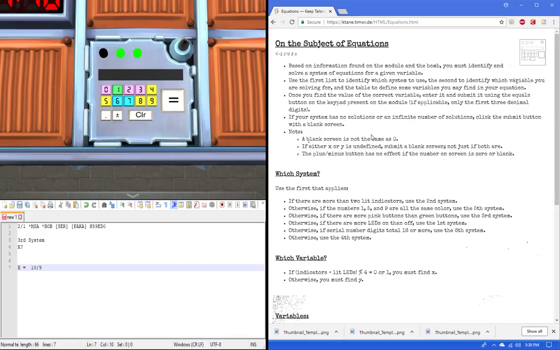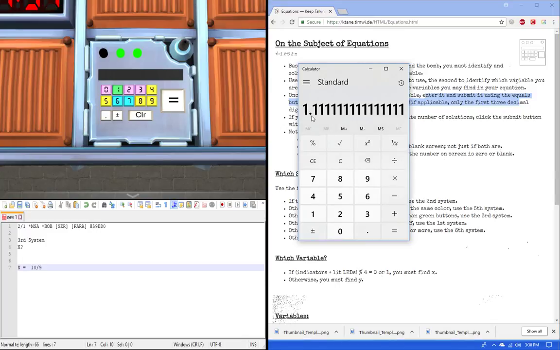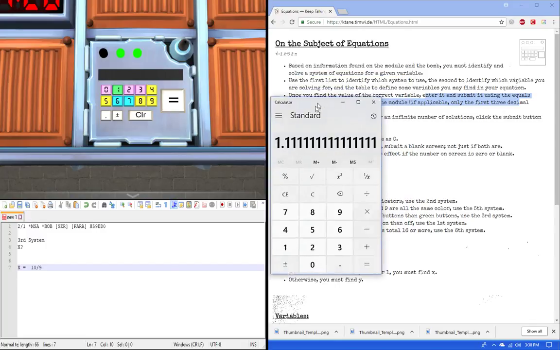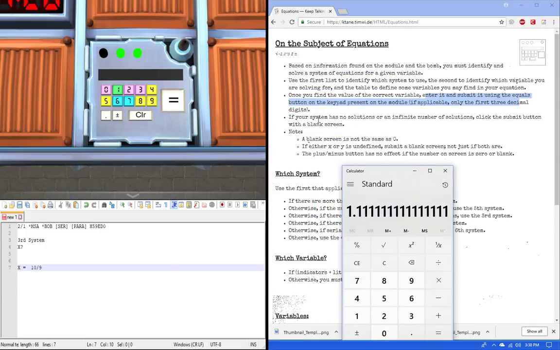Once you find the value of the correct variable, you enter and submit using the equals button on the keypad present on the module. If applicable, only the first 3 decimal digits. So we only have to enter the first 3 decimal digits right here, which is 1.111. And you don't have to round or anything.